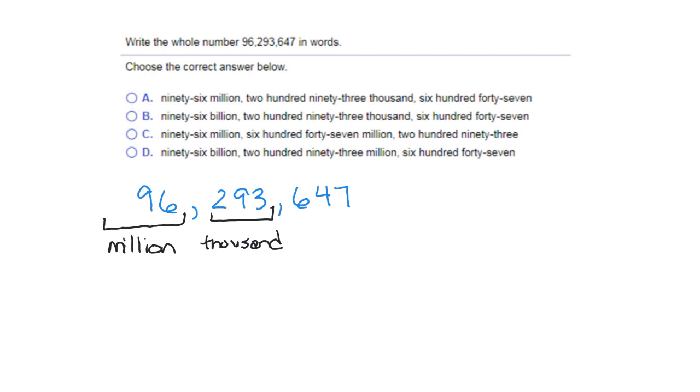All right, so the first thing we're going to do is take a look at the 96, and we're going to rewrite that. 96, which is in the million position, followed by a comma. So 96 million. The next 3 numbers, you're going to say just the way you see it, 293.